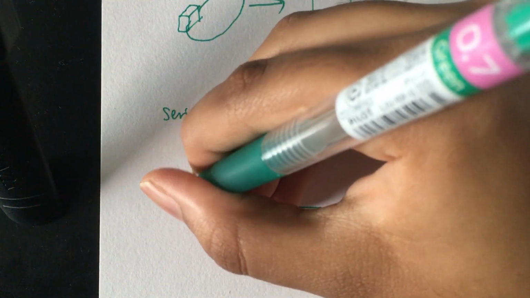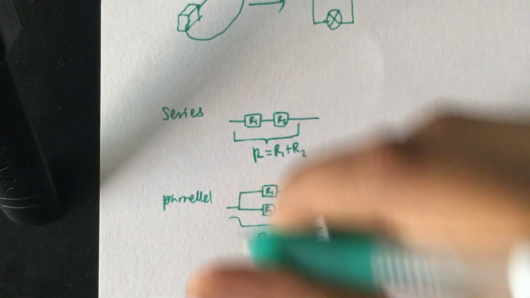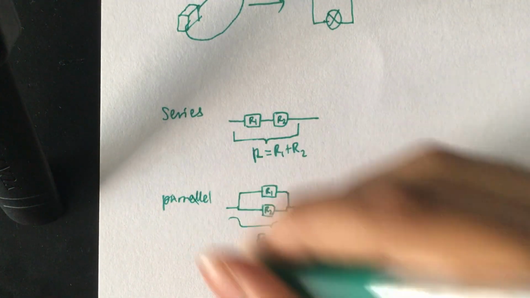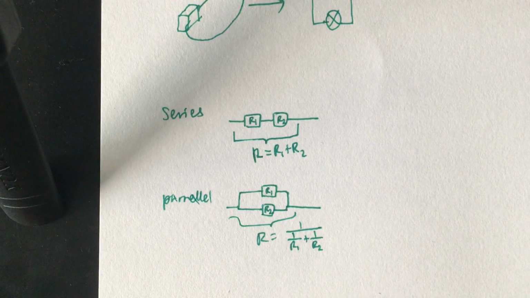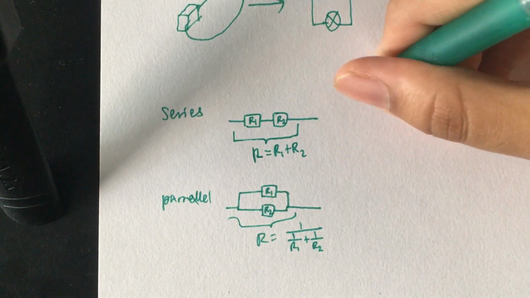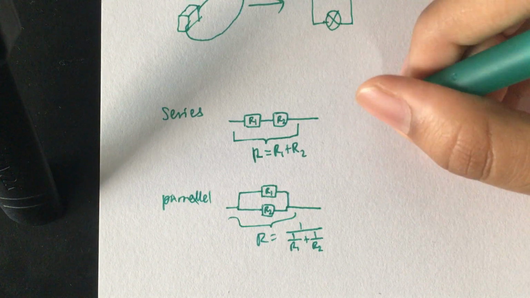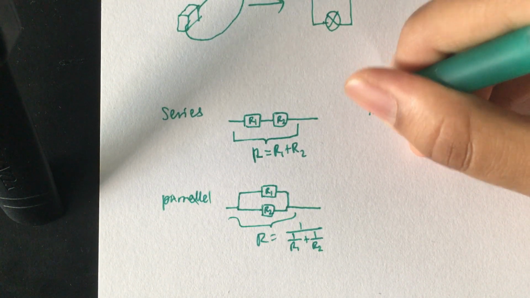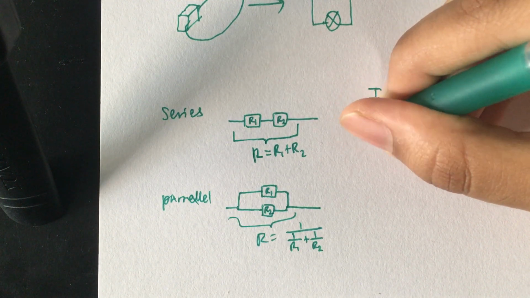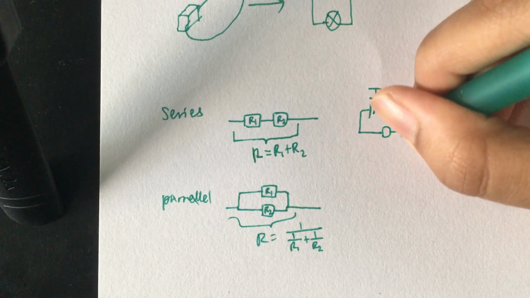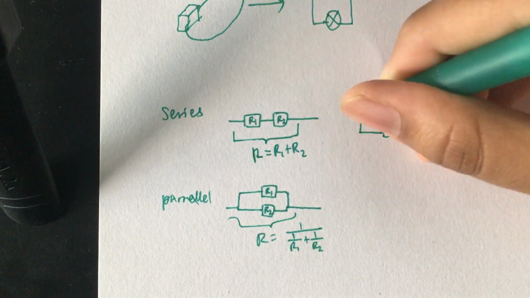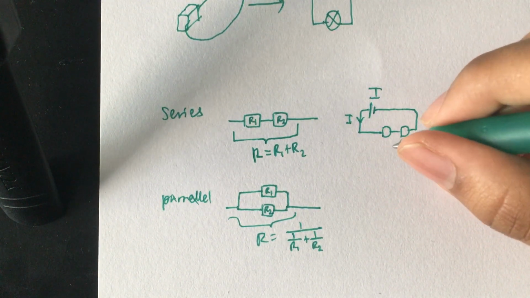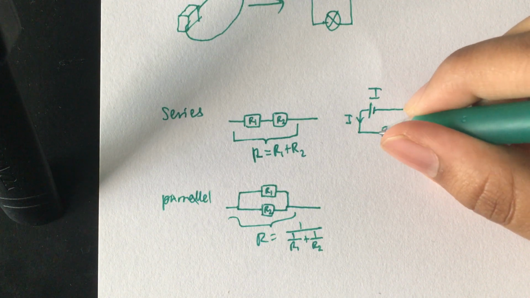And for the parallel, it's a bit different because it's not in series anymore. Resistance is the V over the I, that kind of thing. And if you know how V and I differ according to series and parallel, it would make sense why resistance differs this way.